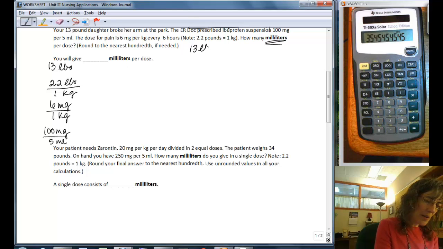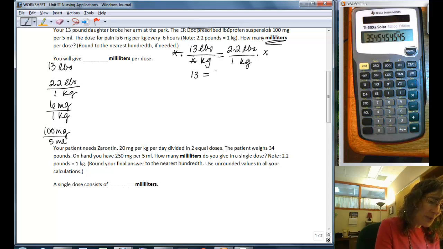So I have 13 pounds per x kilograms equals 2.2 pounds, put the pounds in the numerator, over 1 kilogram. Multiply both sides by x. So I have 13 equals 2.2x, divide both sides by 2.2.